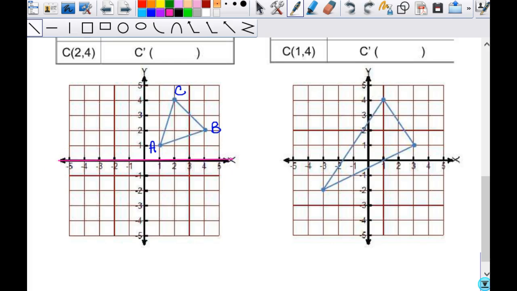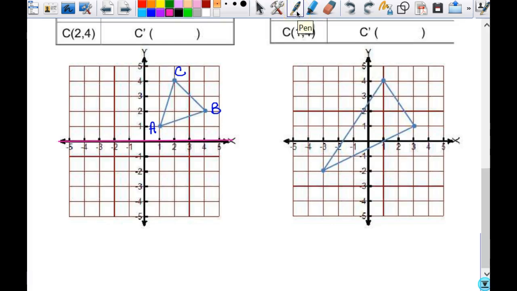And then we're going to do it the super easy way, which I know you've done it differently than just this way already, and then we'll talk about it a little bit more, but if I want to reflect this in this line, we've already done that when we did reflections. That's why I didn't bother teaching this first, because I know you've already learned this stuff. If A is 1 away on this side, it has to come 1 away on this side, so this is A prime.